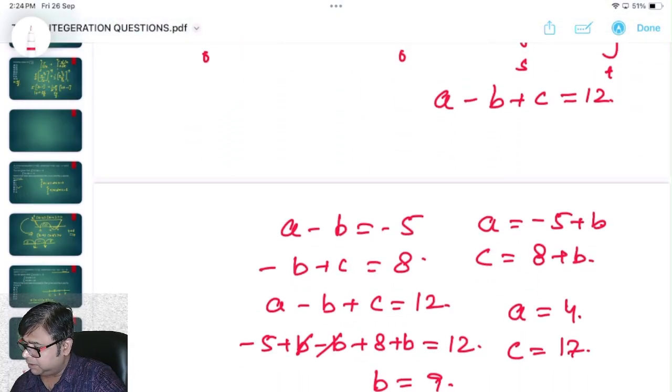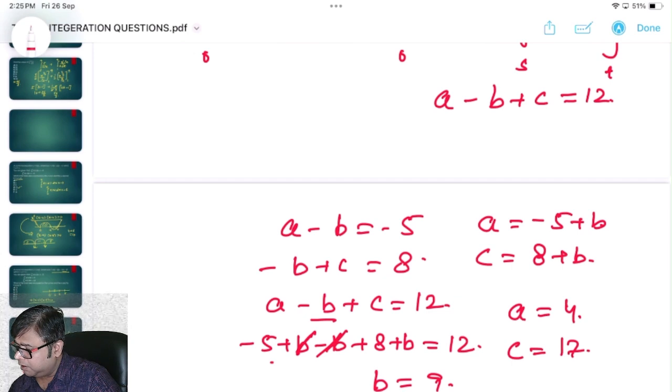So A is minus 5 plus B, C is 8 plus B. If I substitute, it gives me 3 equals 9... so B is 9.